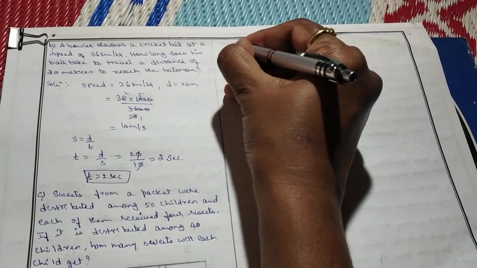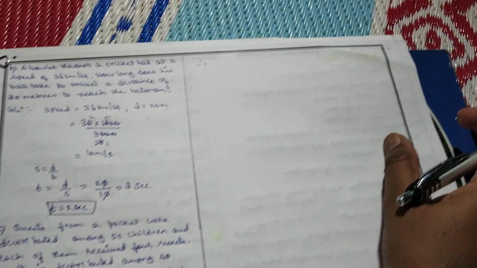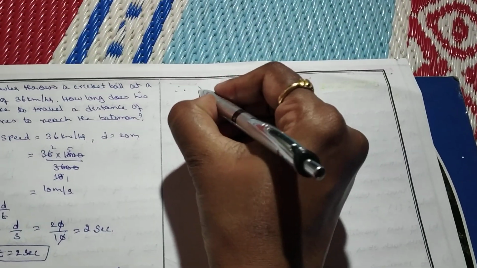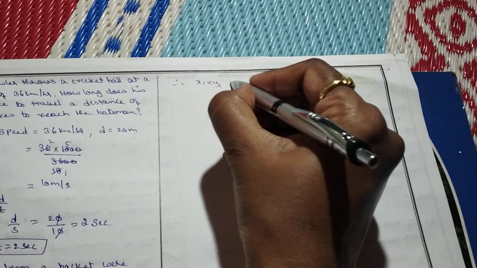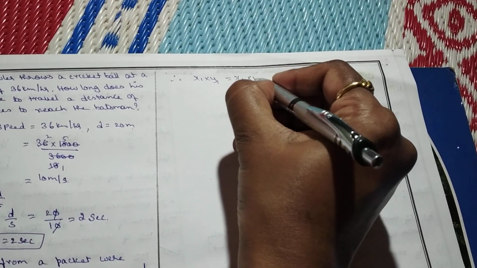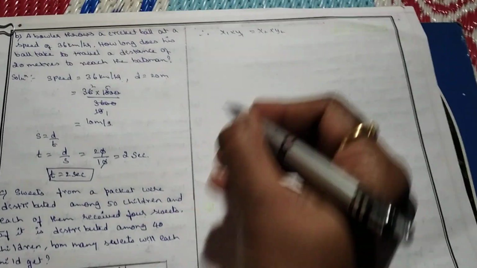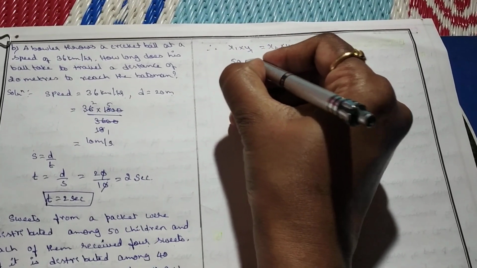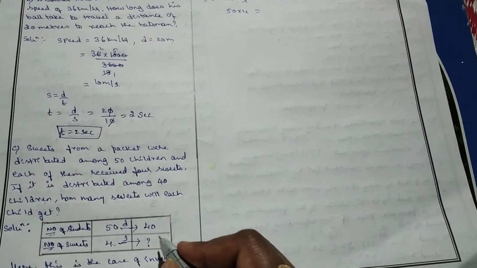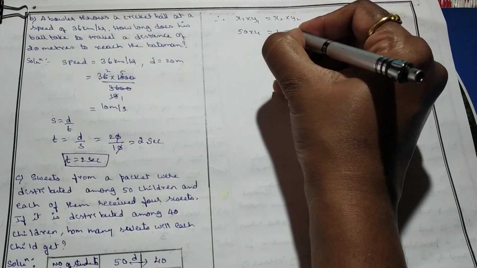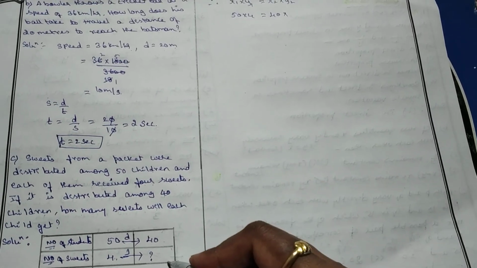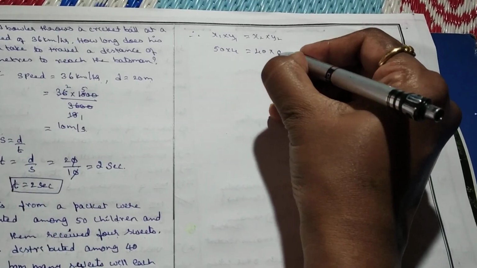Therefore, the formula for inverse variation is x1 into y1 equal to x2 into y2. The product of the numbers, that is 50 into 4, equal to x2 is 40 and y2 we do not know, so y2 can be considered as a.